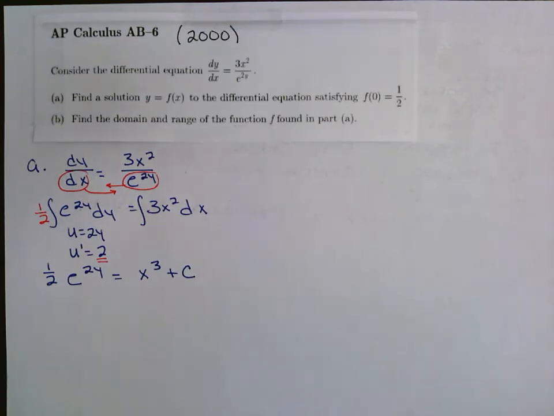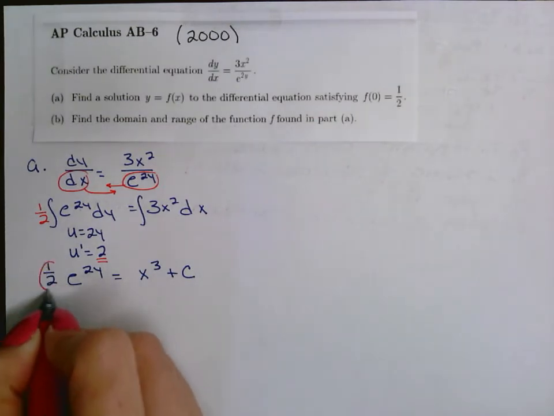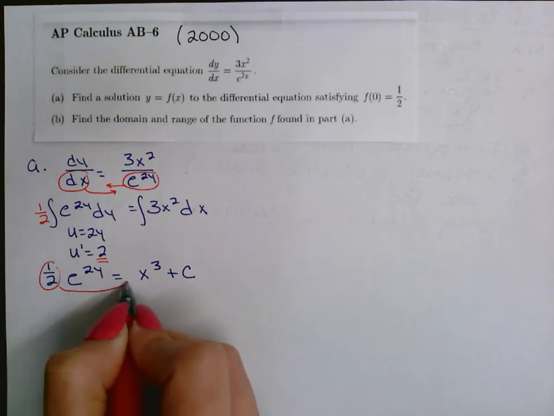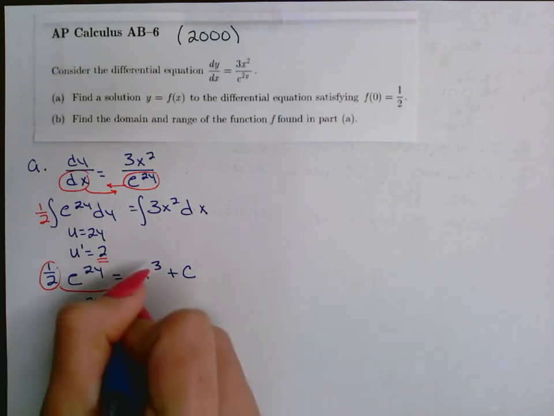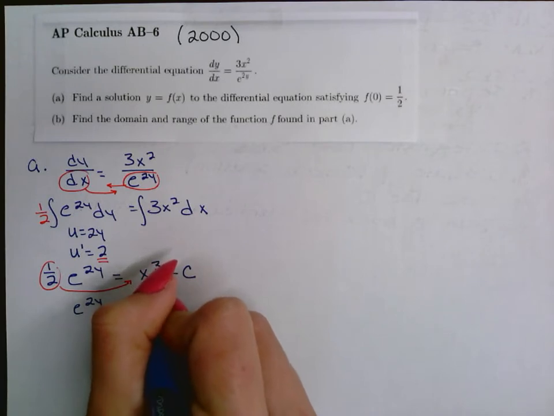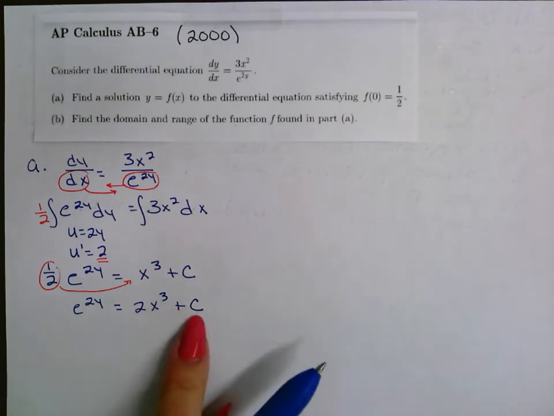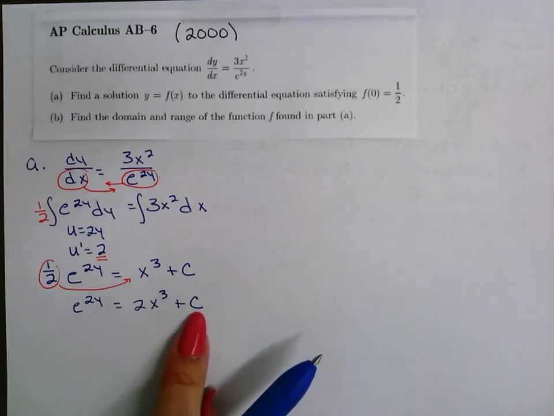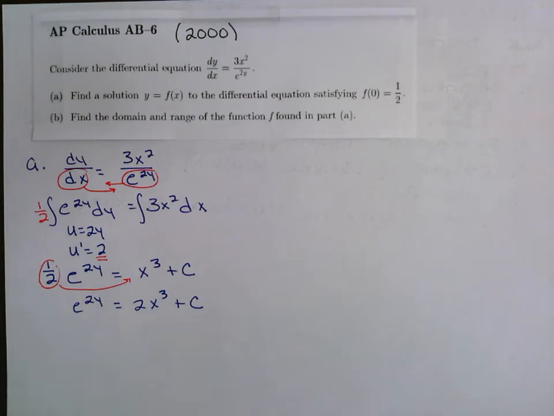So we've done 2 times where I solved for c first. I'm going to do this one solving for y first. I'm going to multiply, well, divide this 1/2, which is like multiplying a 2 over. Okay, now technically I multiplied that 2 to the c also, but 2 times a constant is still a constant. Okay, so now what can I do to get rid of that e and start getting that y out?